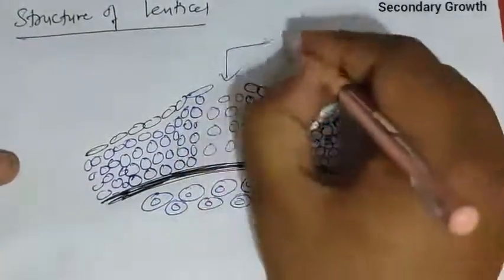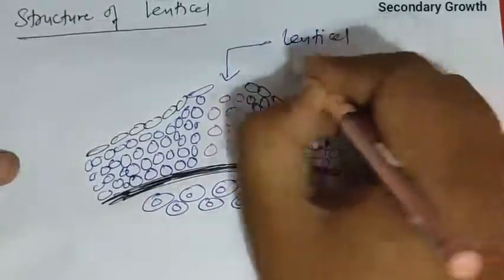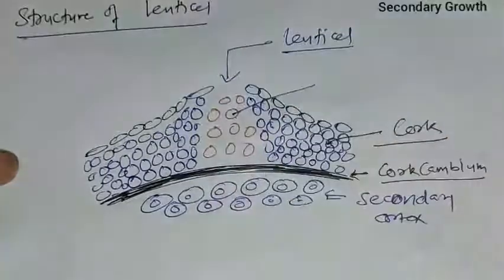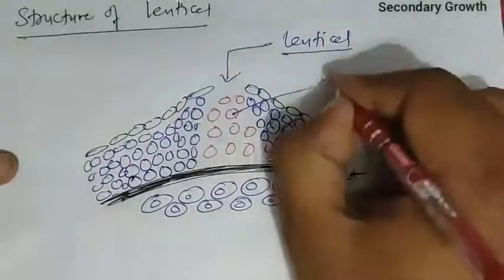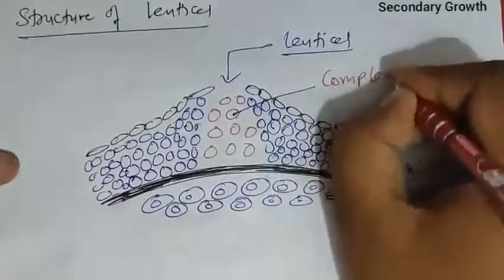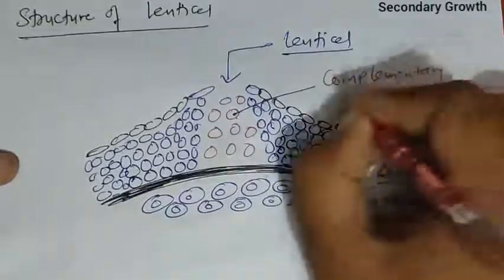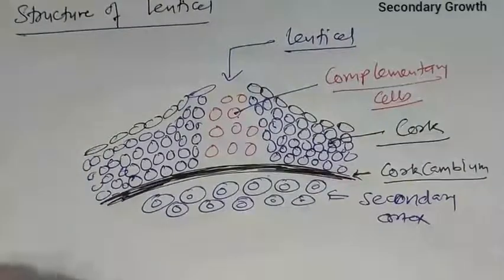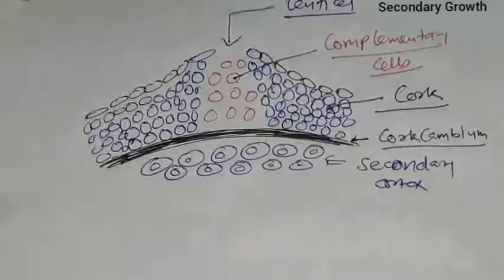This pore is the lenticel, and these are the particular complementary cells. These are known as complementary cells, which are formed in place of the cork due to the activity of this cork cambium.